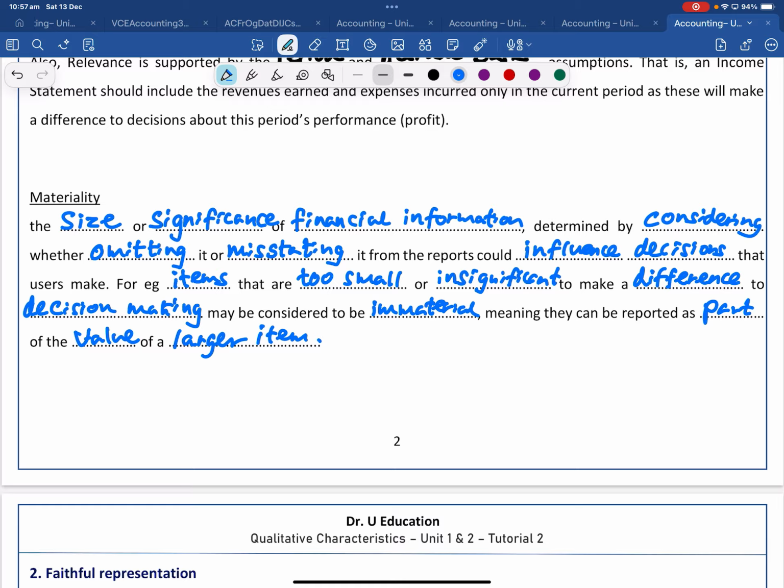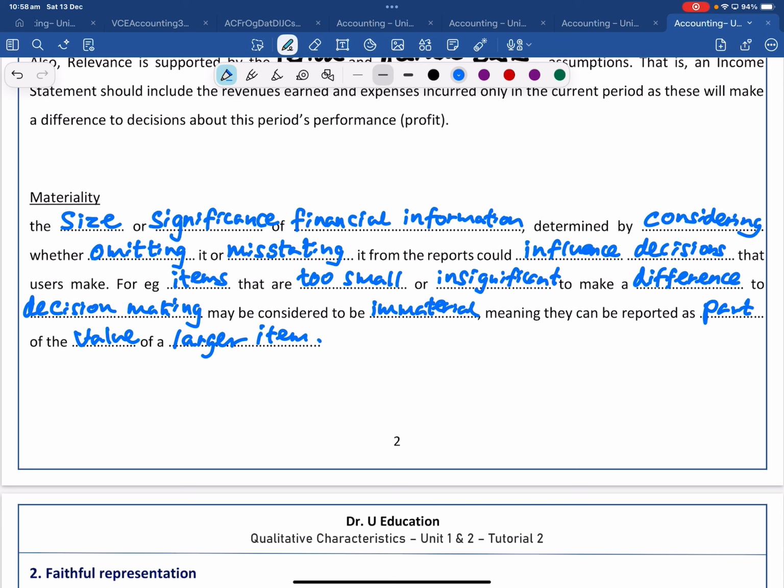So our mistake is going to influence the decisions of the users. Let's say if it is going to change the decisions of the users of the business reports, then what do you think? Is it material or immaterial? Material. Does that make sense? Or are you listening?